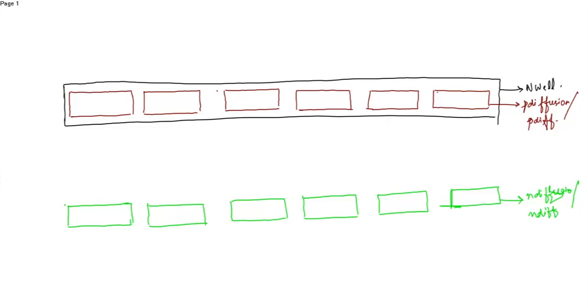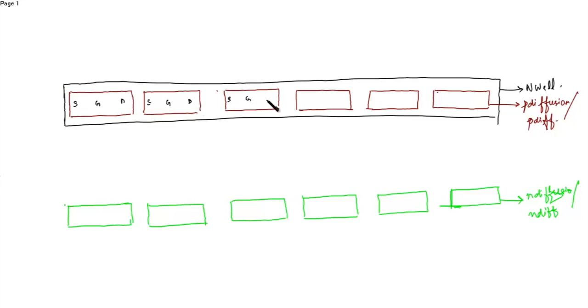So now after drawing the PMOS and NMOS, next you have to draw the terminals. This is the source. This is source, gate and drain. Source, gate and drain.